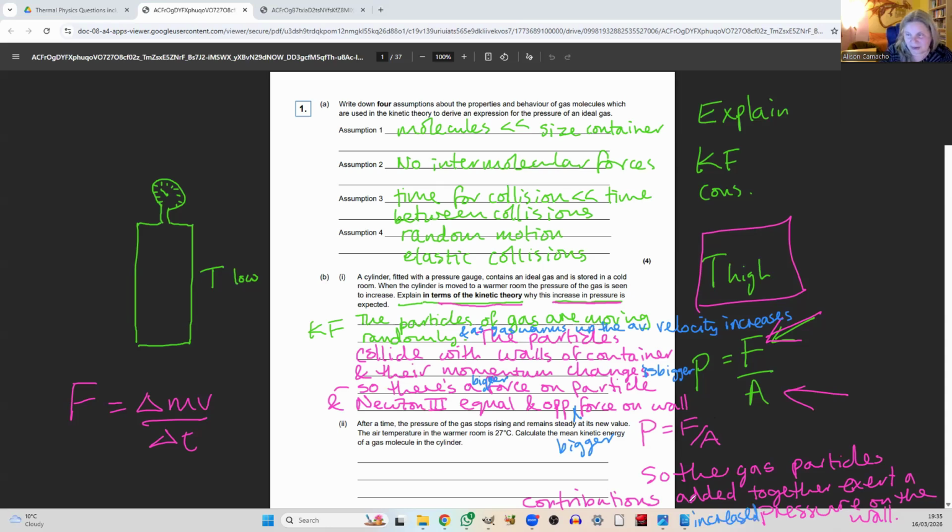Can you see how we actually have to put that in? Otherwise we haven't explained why the pressure increase is expected. Now, I recognise that this is actually way more than a 2 mark explain. But explaining pressure used to be a 5 mark question, and now you're lucky if you get two for it.